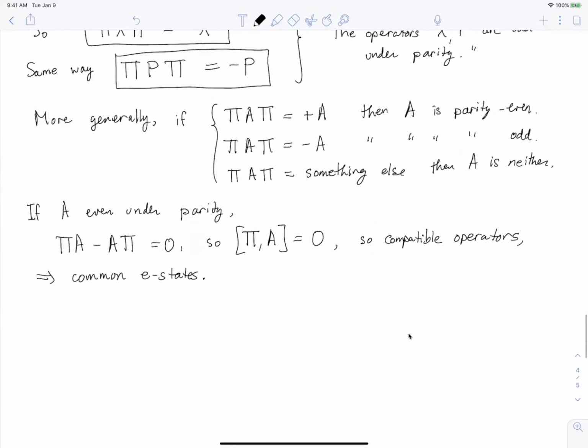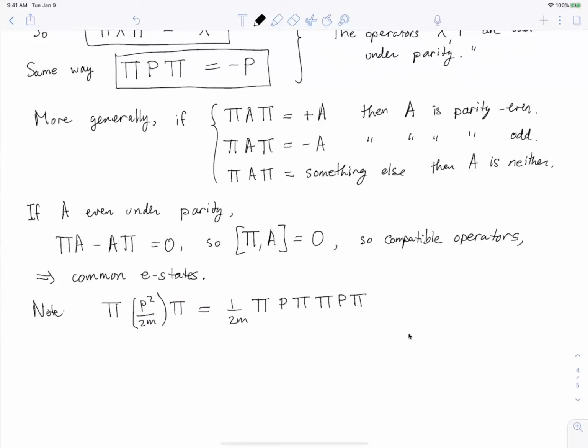Okay, and that was true of the square well, and it's also true of the free particle. So note, for example, for the free particle, parity times p squared over 2m, that's the Hamiltonian, times parity again, is 1 over 2m parity p parity, parity p parity.